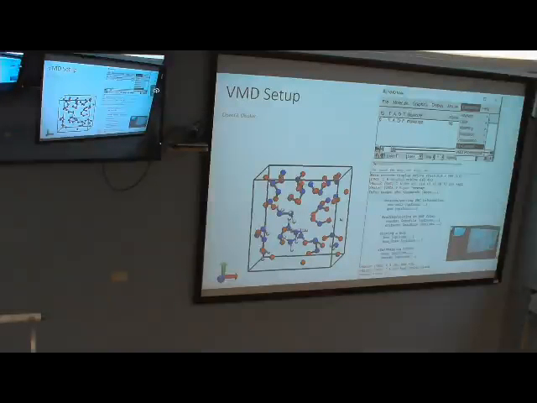Is it possible to type it once and then just use it again? I guess you need to do it every time you change your molecules. You can save a state file: if you go to file and save a state, you can open that state later.